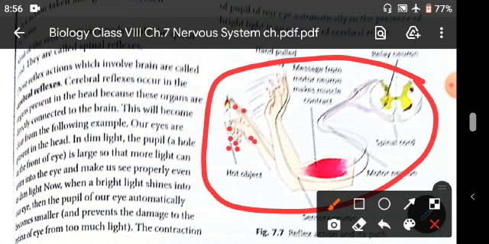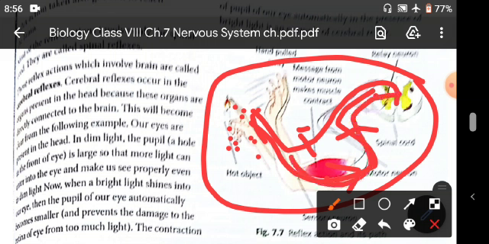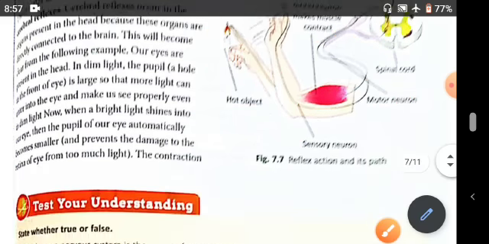When your hand touches this hot object, the message moves to the spinal cord through the sensory nerves, and then the order which is released from there is transferred to the affected part by the motor nerves. So sensory nerves carry the message to the spinal cord, and then by the motor nerves that order comes to the affected part, and quickly we remove our hands.